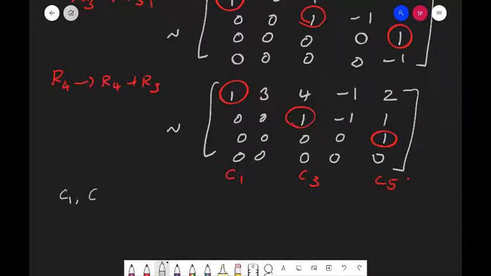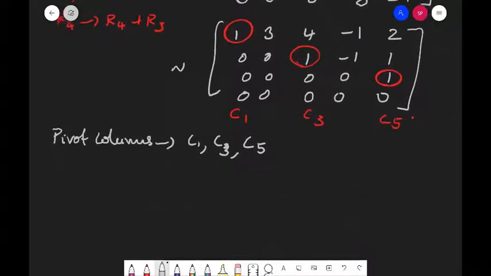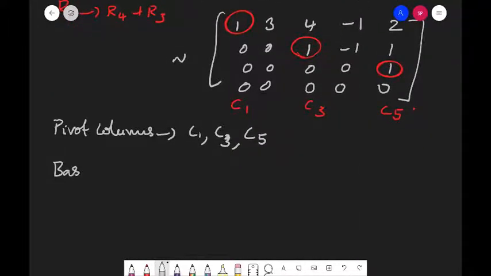Pivot columns: C1, C3, C5, and then basic variables.